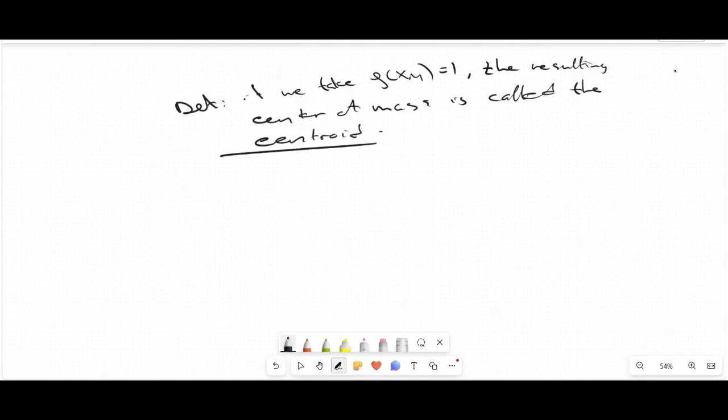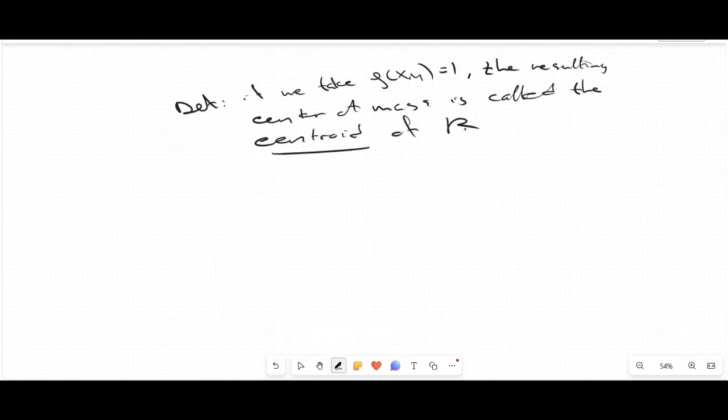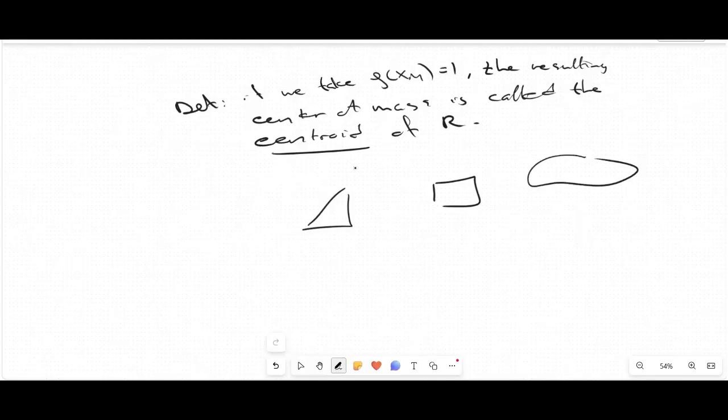So if you find the center of mass of the region R, if you're given some kind of a shape, a triangle, a rectangle, something weird, and you find the center of mass for that shape under the assumption that the density is constant, you get a point that's a geometric property of the shape.